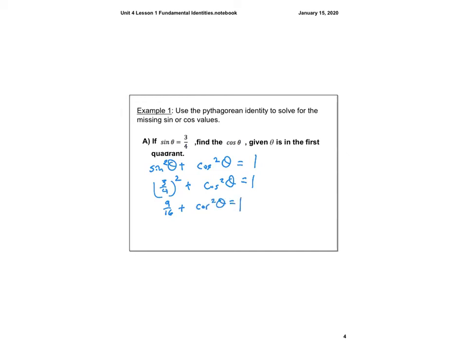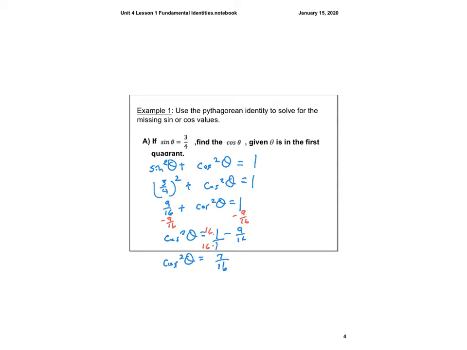Now I can subtract 9/16 from both sides. So I get cosine squared theta equals 1 minus 9/16. I'm going to get a common denominator, which is 16. So if I subtract my numerators, 16 minus 9, there's 7 over the common denominator of 16.